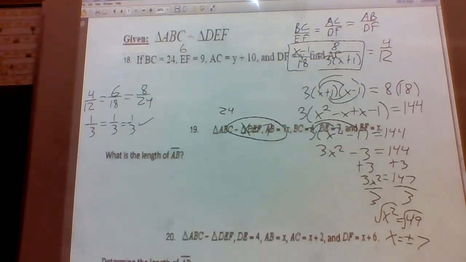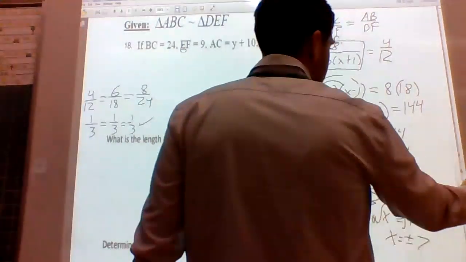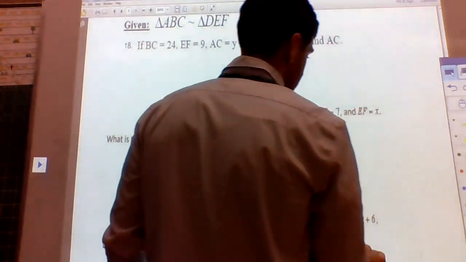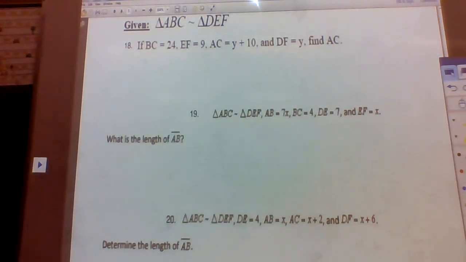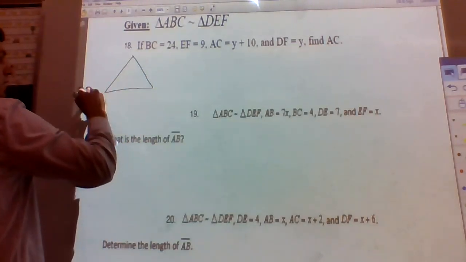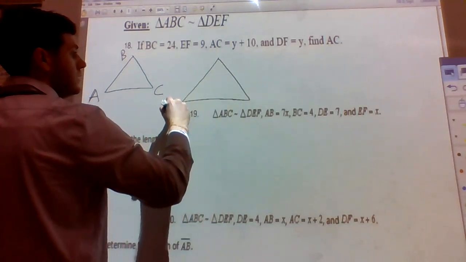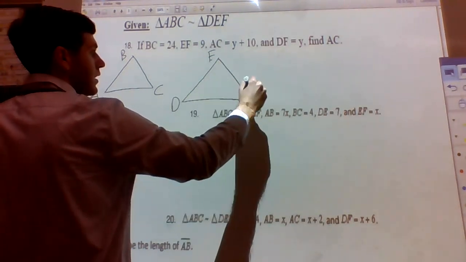Number 18. So given that triangle ABC is similar to triangle DEF, so we have to draw it out. So we have triangle ABC and triangle DEF.